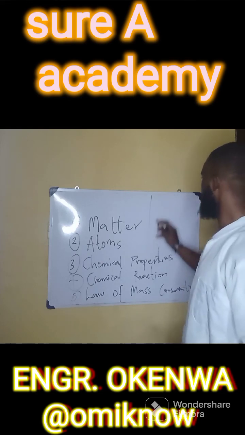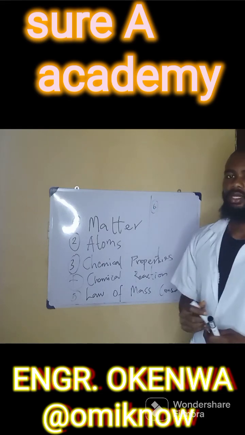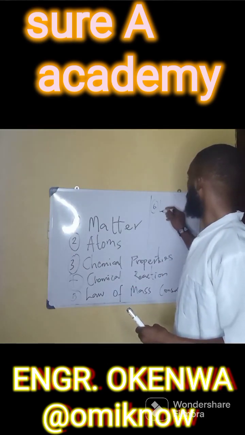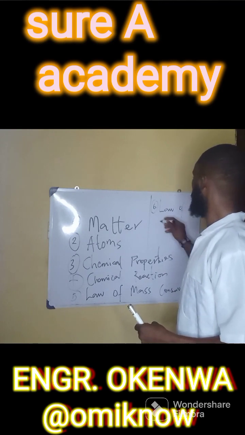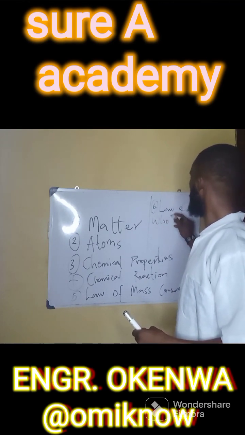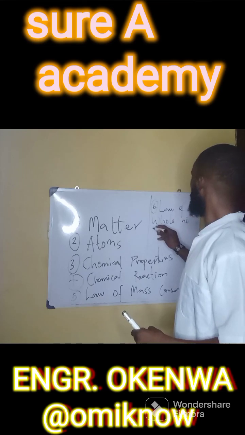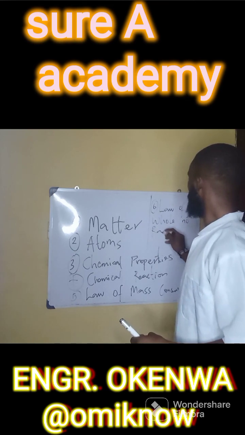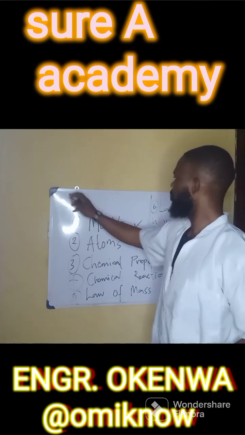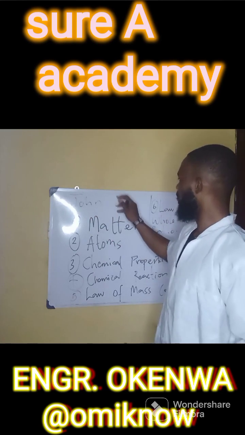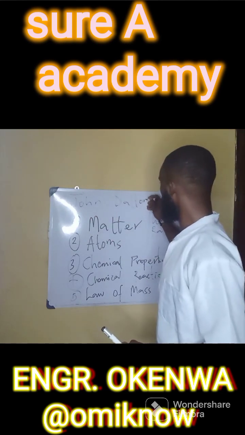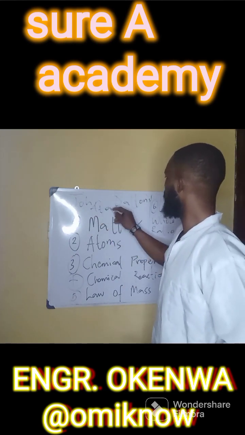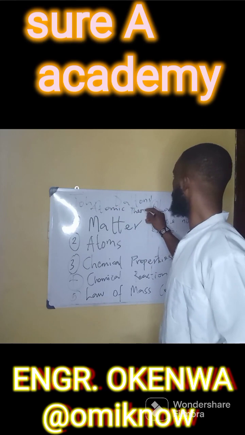So the sixth thing John Dalton's atomic theory focused on was the law of fixed whole number ratio. So we are talking about atomic theory part 1, and this is what John Dalton's atomic theory actually focused on.